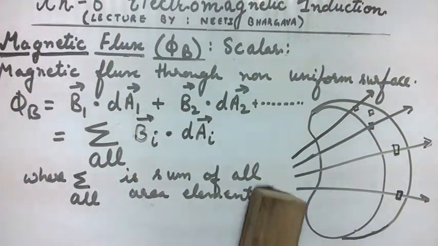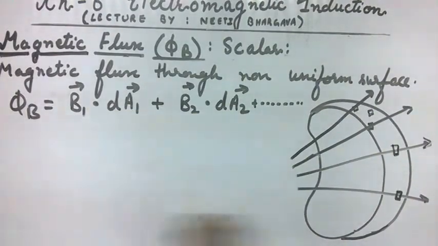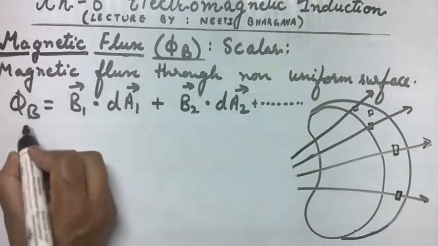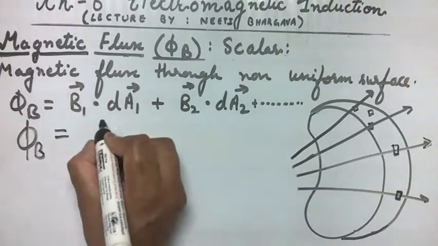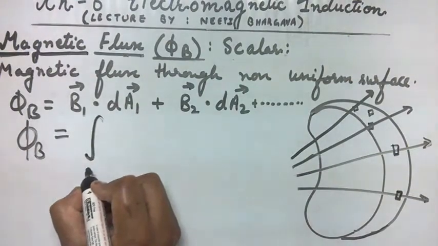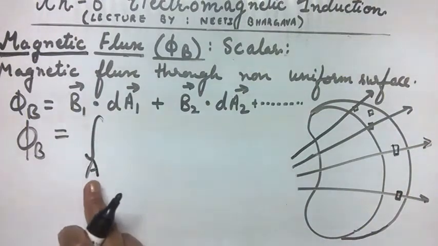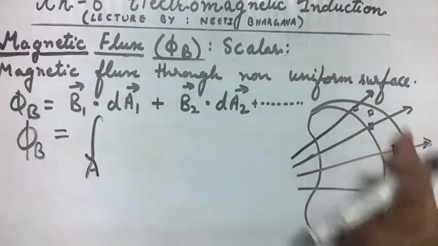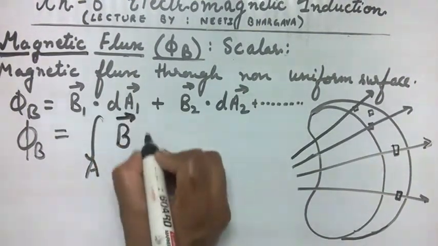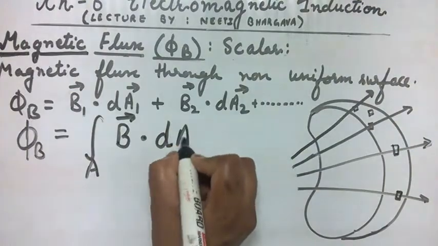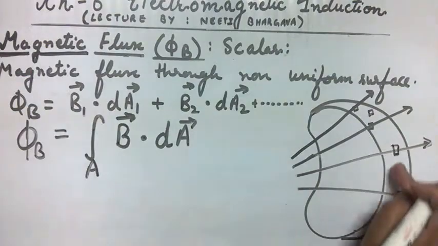Therefore, magnetic flux for varying magnetic field is given as integration, that is surface integration of magnetic field over the entire surface A, is given as B vector dot dA vector. Integration we use for small area elements.